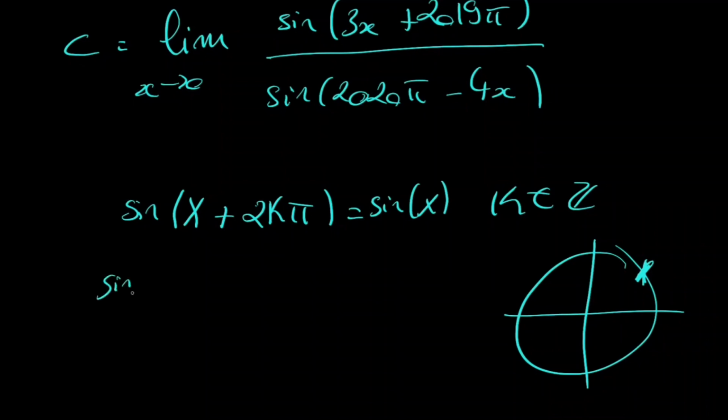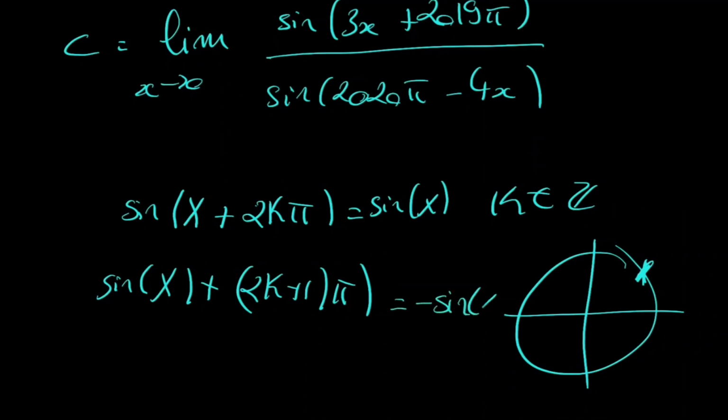But sinus of x plus 2k plus 1 pi will be equal to minus sinus of x, because we do 2k, we do k turns, so 1, 2, 3, 4, 5, 6, 7, 8, 9, 10 k turns, and then we add pi.